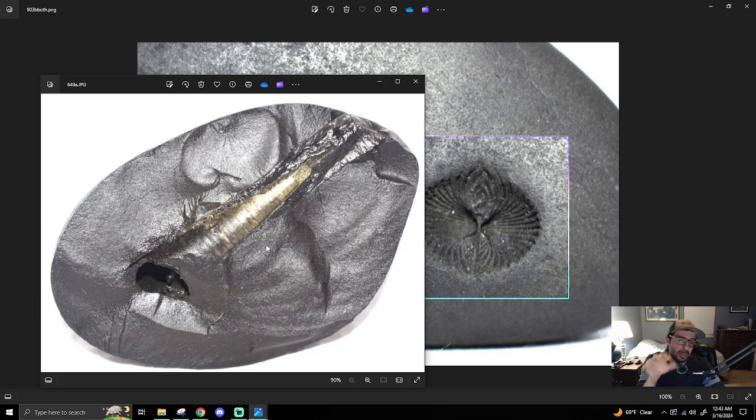Maybe it's some in between of this and ammonites of the like baculate structure, which is also current induced.